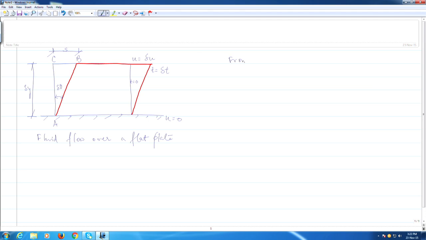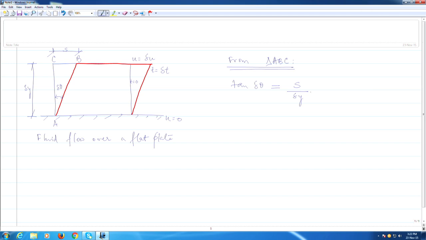Now, from the triangle ABC, what is tan of delta theta? Can you see? This is A, B, C. So tan of delta theta is this S by delta y. Is that fine? So S by delta y, right?